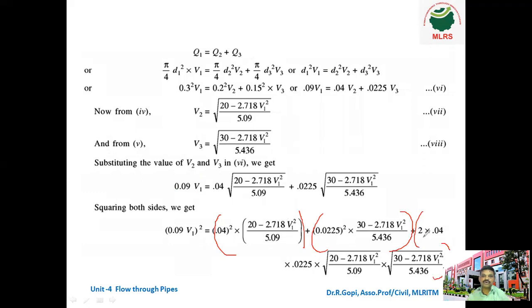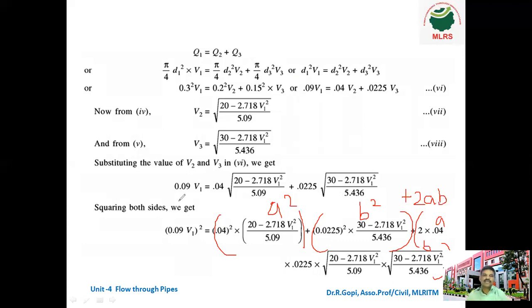So in that formula, this is the A term and this is the B term. As per the formula, A square plus B square plus 2AB. Just a fundamental formula, not a complicated formula.